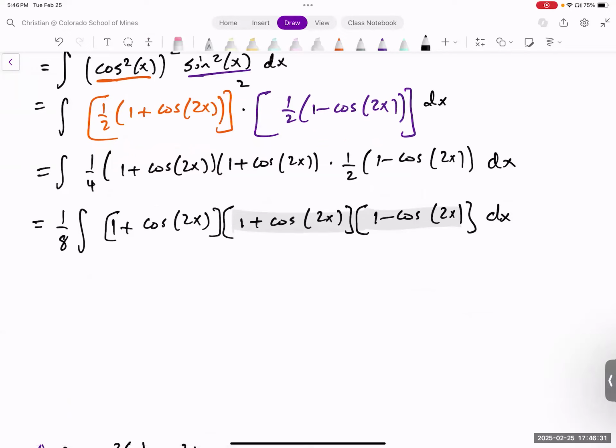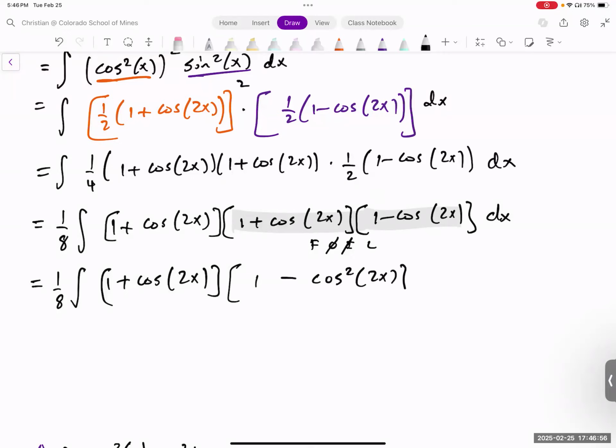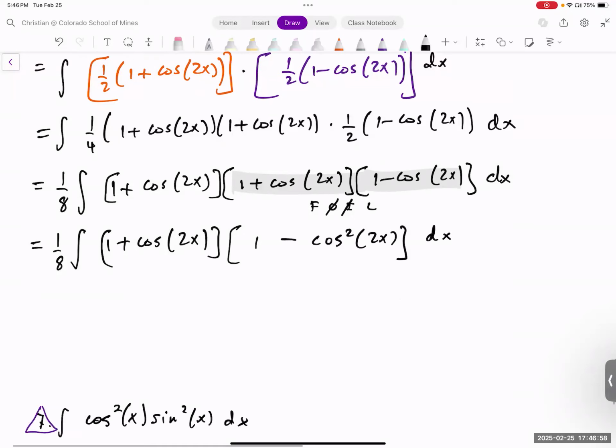So when we multiply those, 1 plus cosine 2x, there we are in front. When we multiply these two gray ones with FOIL, the inner two pieces are going to cancel. You could check that if you want. So we just need to multiply 1 and 1 and get 1. It'll be minus, and then the product of the last two pieces will be cosine squared of 2x dx.